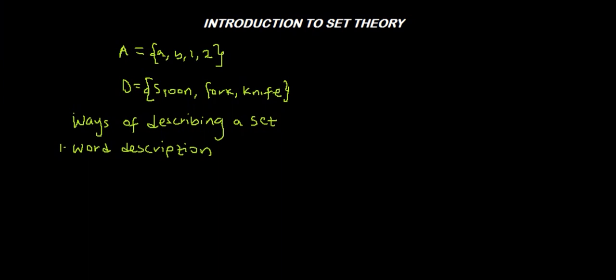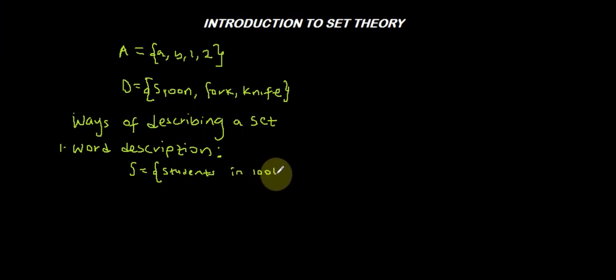It is a situation whereby you are describing a set, you are not straight to the point. You did not define exactly what you're talking about. You use words to describe it. For instance, let's say we have set S, and set S is talking about the students in 100 level.